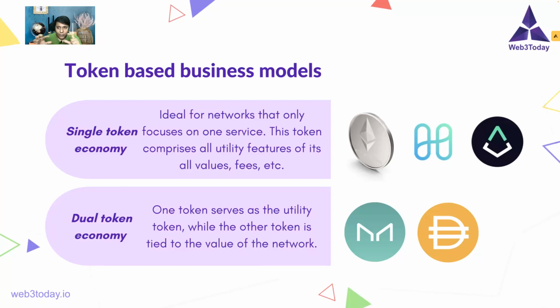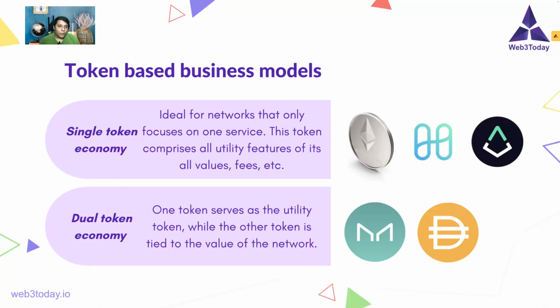That is the idea of the single token economy, while there is a dual token economy model as well. For the dual token economy model, one example is MakerDAO, with its token and DAI. In the dual token economy model, you have one utility token or governance token, and then you have another token.